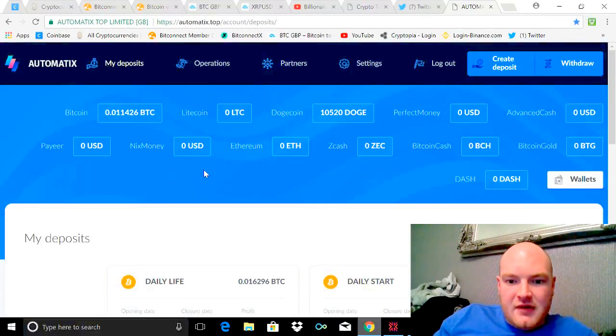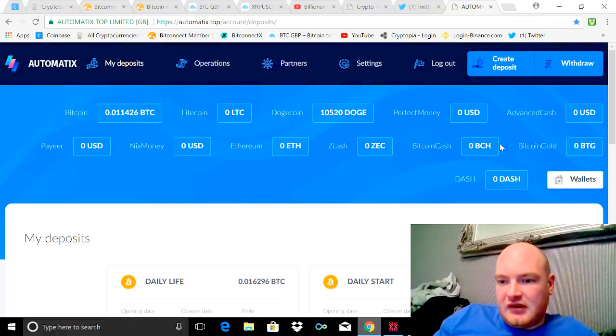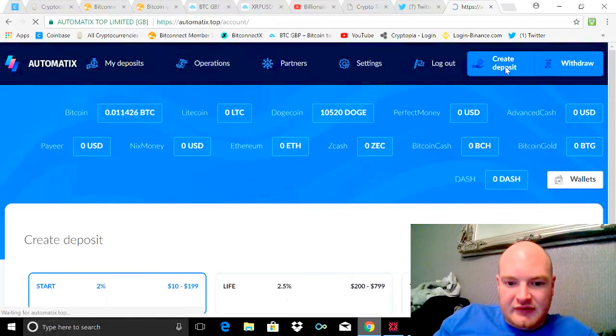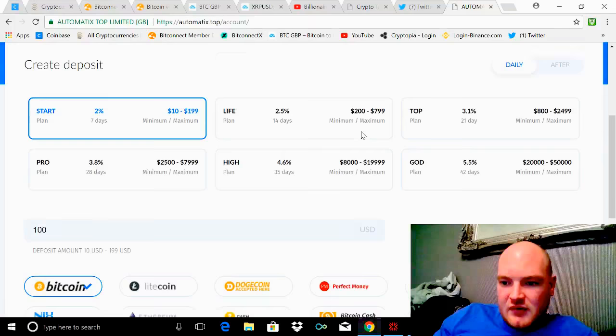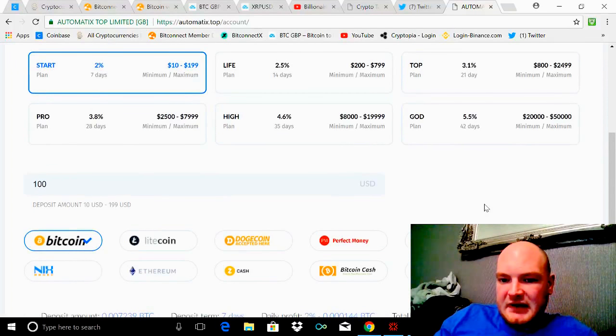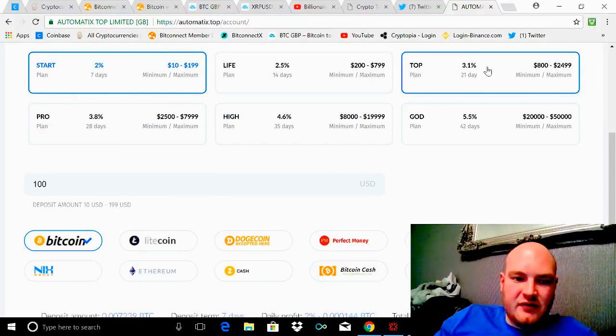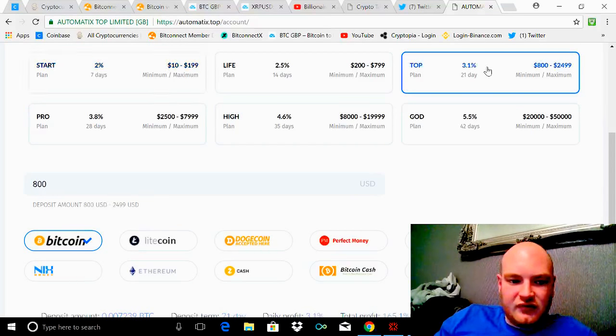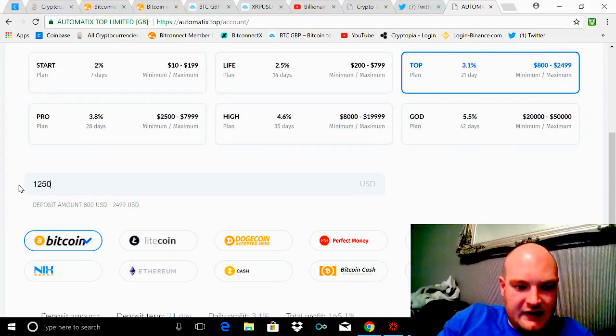So on Automatix, sign up, create account, and then create deposit. So that amount in BTC is a top plan. It's roughly about $1,250. So I'll click this, put in the amount, $1,250.